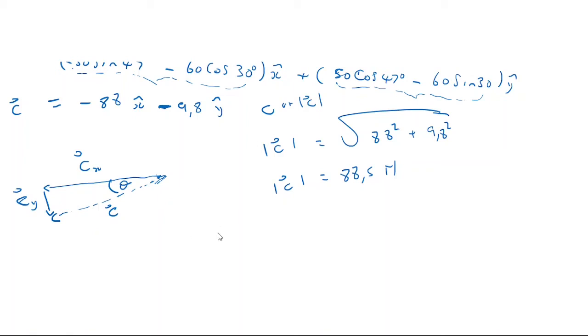All right, and then if I want the direction theta, theta will be given by, now I have a negative and a negative, so I'm not going to put the negatives. So I'm just going to put the y, which is 9.8, and the x, which is 88. And then this means, if I say this means in maths, I write this sign, I'm saying this means.